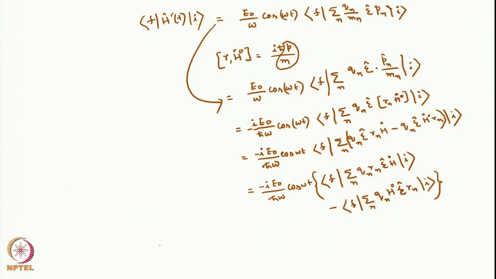So, this will now be equal to i E naught by h bar omega cos omega t. This h naught acting on i gives me E i.